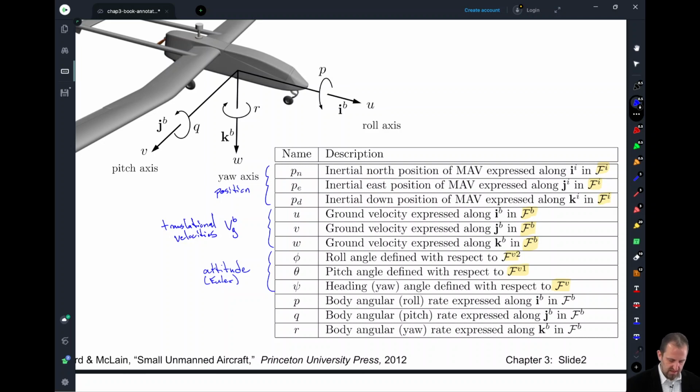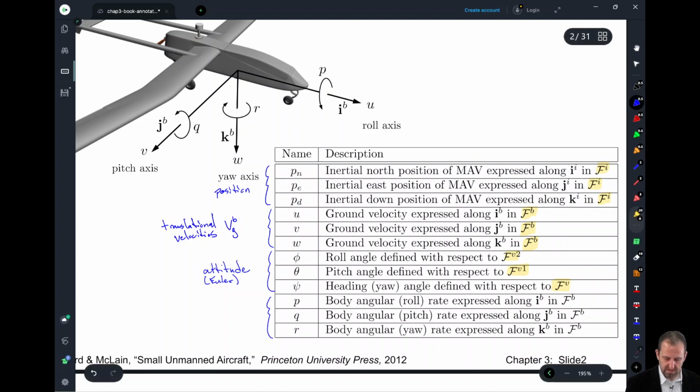And then the final variables we're going to define in our body frame. These are going to be the roll rate, the pitch rate, and the yaw rate. Now, we call them roll, pitch, and yaw rates, but we'll be careful, and we'll talk about it in a couple of slides.